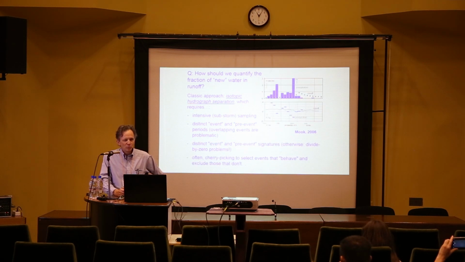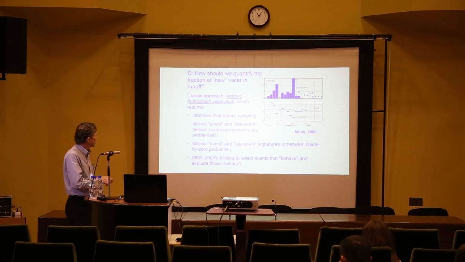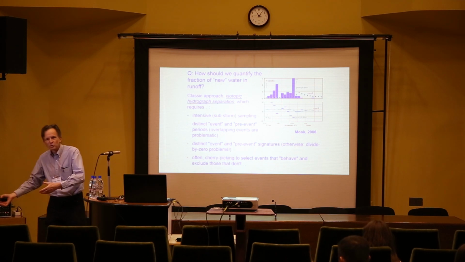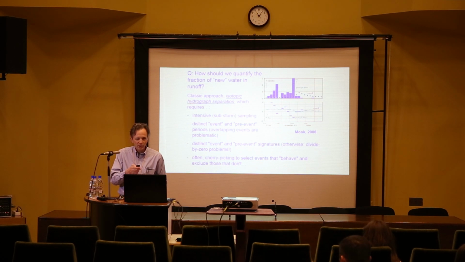And that works really well in some cases, and it works very badly in other cases. Here's an example where it doesn't work, where the old water, the rainwater, is dancing around the stream water concentration, so you cannot easily tell which is precipitation and which is stream water, or older stream water, in the mixture.